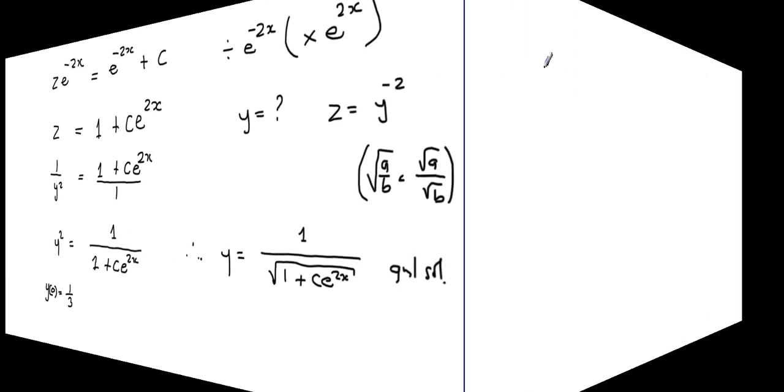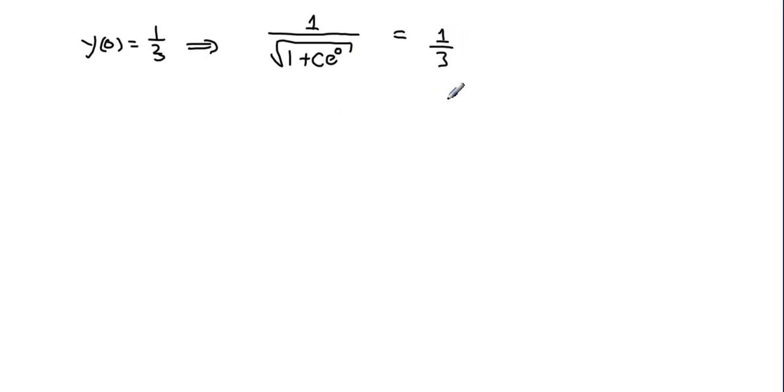So let's do it this way. We are given that y at 0 is equal to 1/3, which simply implies that 1 over the square root of 1 plus c e to the power 0 is equal to 1/3. Simplifying, this is equivalent to 1 over the square root of c plus 1 equals 1/3.